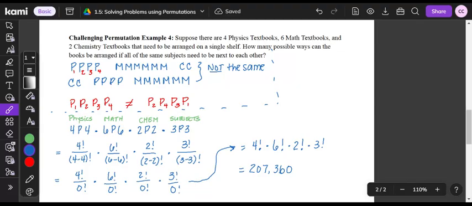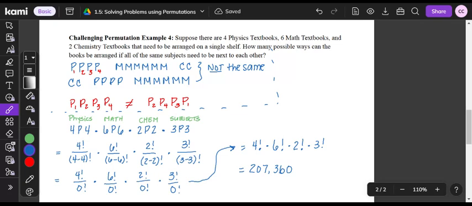But then remember, you can also rearrange the order in which you place the subjects. You could do physics first, then math, then chemistry. You could do chemistry first, then physics, then math. So there are 3 subjects, and you want to arrange all 3 of those. So it's 4P4 times 6P6 times 2P2 times 3P3.